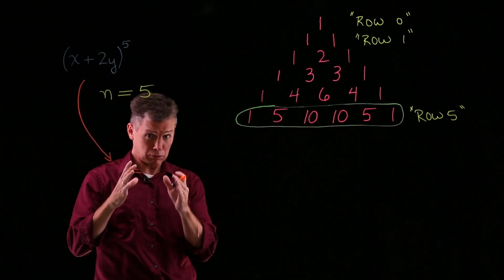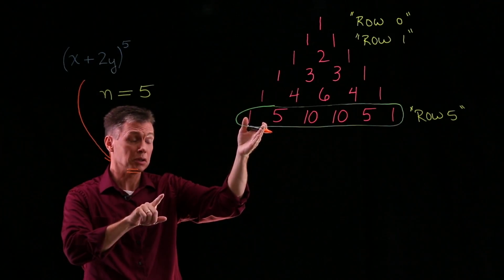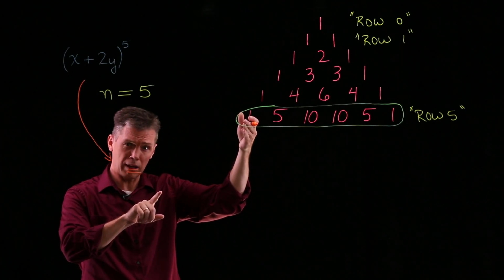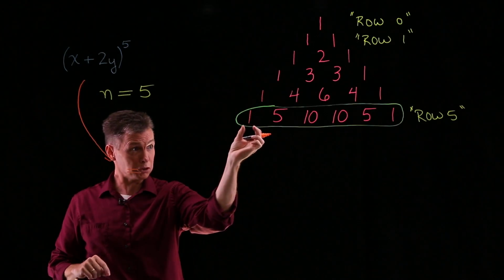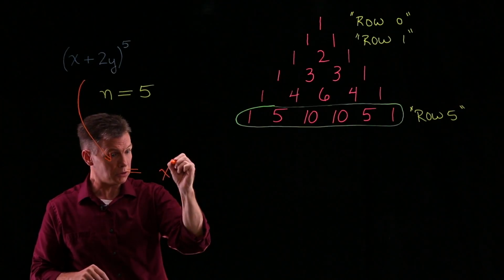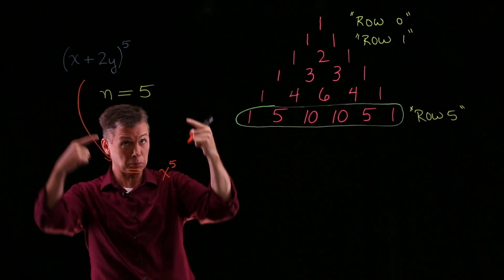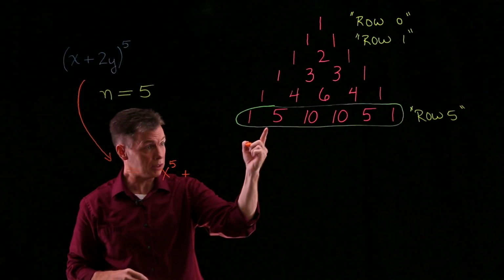What that tells me right off the bat is, okay, this row gives me my coefficients, but that n value also tells you your powers of the variables. So my first coefficient is going to be 1, and then the variable x is to the fifth power, because that's my n value, okay? Plus, I'm going to look to my next coefficient.